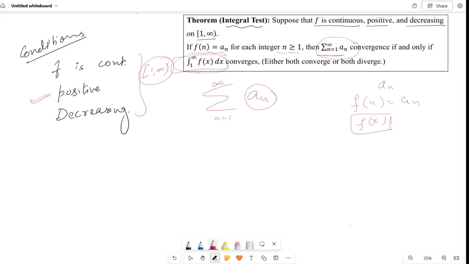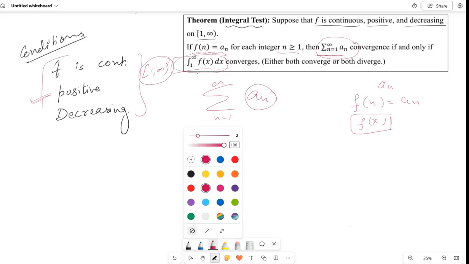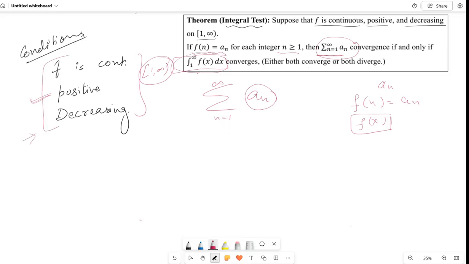So they both converge or diverge at the same time, provided all three conditions are satisfied: continuous, positive and decreasing. Before you even start applying the integral test, you need to check for continuity, positivity and decreasing.